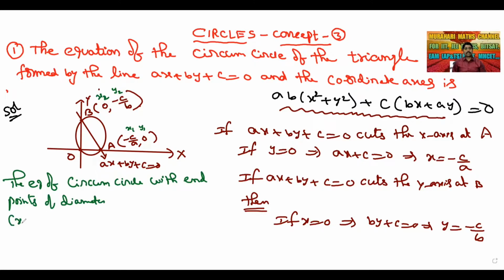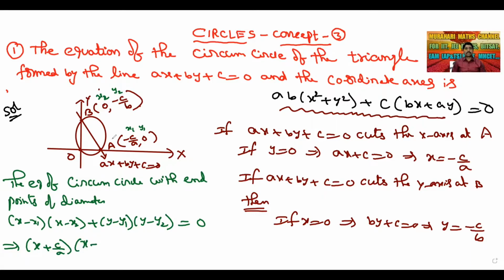What is the formula? x minus x1 into x minus x2 plus y minus y1 into y minus y2 equal to 0. Here x1 y1 is minus c by a and 0. x minus x1 is x minus of minus, which is plus, so x plus c by a. x minus x2, where x2 value is 0.